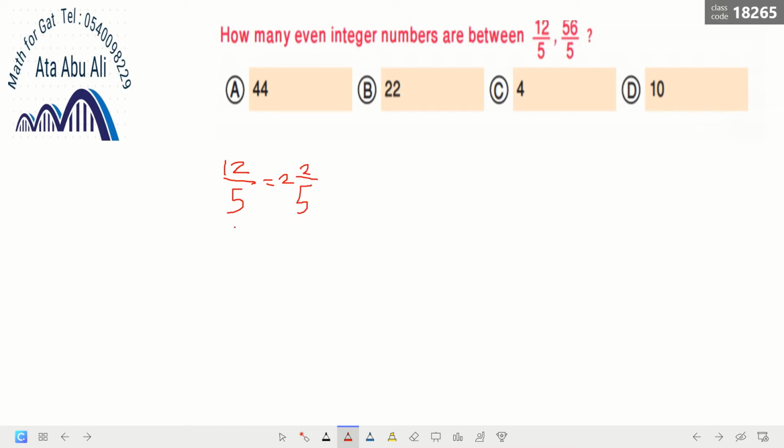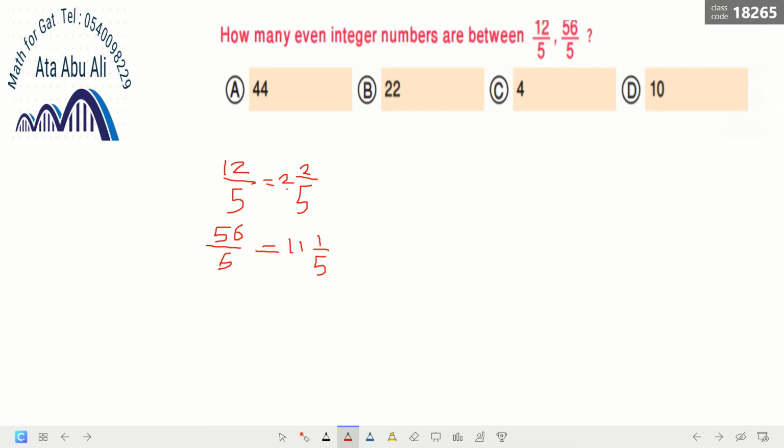And 56 over 5 is equal to 11 and 1 over 5. So we need all the even numbers between.